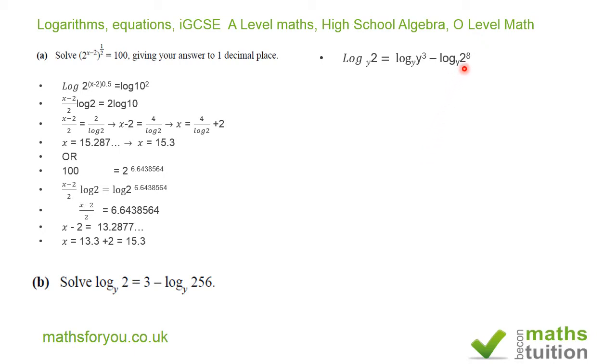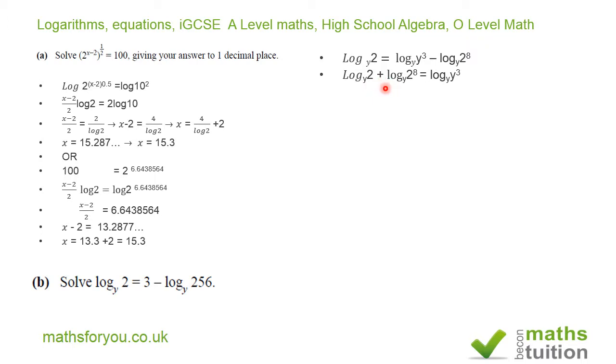Okay, moving on. Now, 2 to the power 8 is also 256, because 256 is 2 to the power 8. So when I take this across to the left hand side, I now have log 2 to base y plus log 2 to the power 8 to base y is equal to log y cubed to base y.